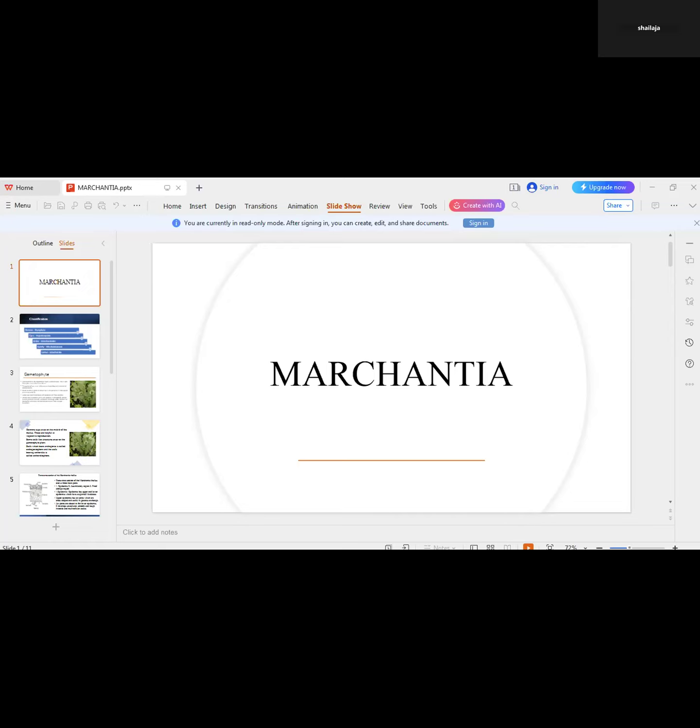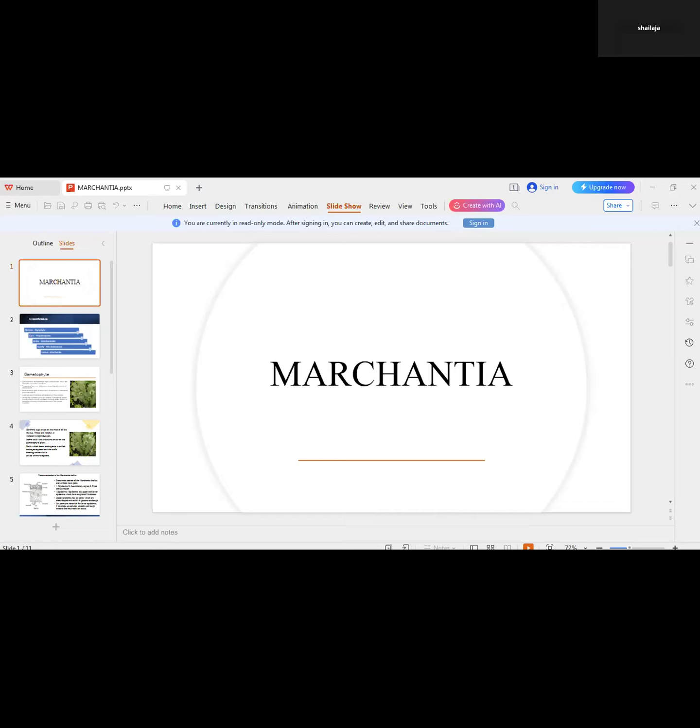Okay, so we are going to first discuss the classification. Engler classified the members of Hepaticae into three orders: Marchantiales, Anthocerotales and Jungermanniales. Engler classified the members of Hepaticae into three orders.